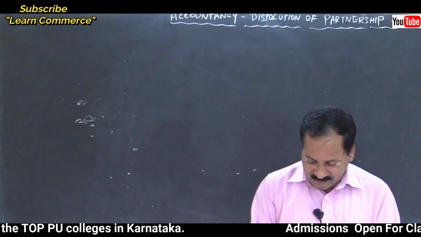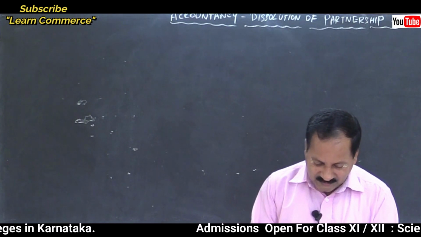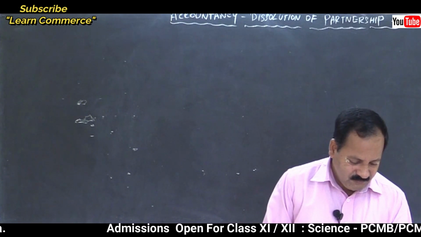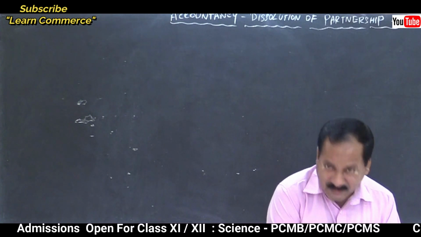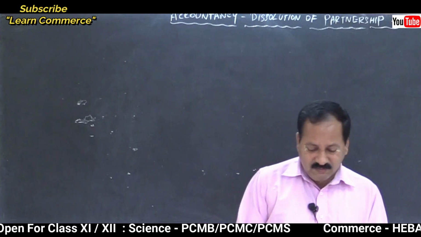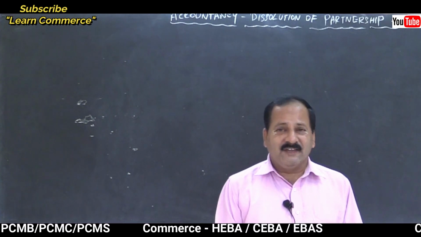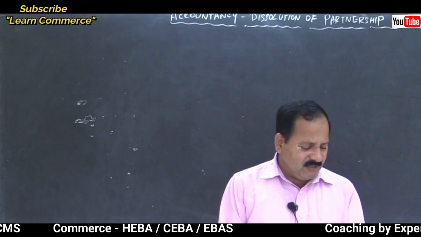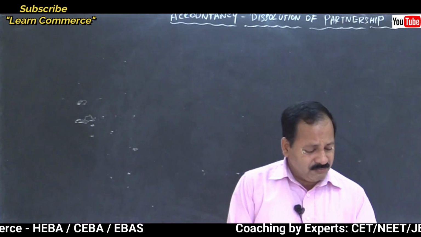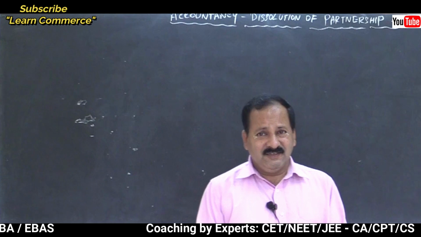Let me read the problem and then we will analyze and solve it. There are 3-4 problems more, I think, in this. I have to solve most of the problems because some new things are there in each problem. So better let us not rush with the syllabus.